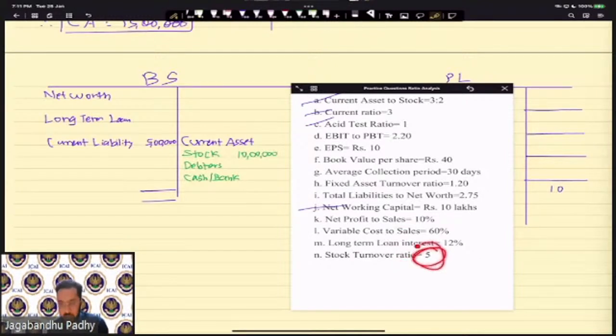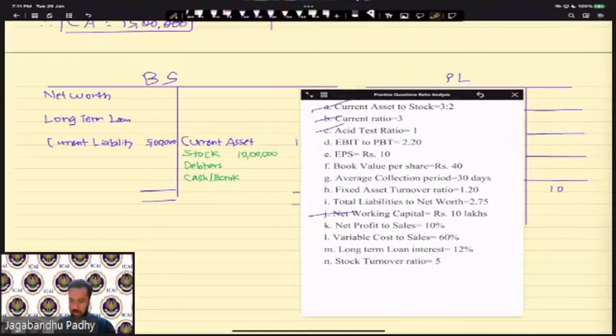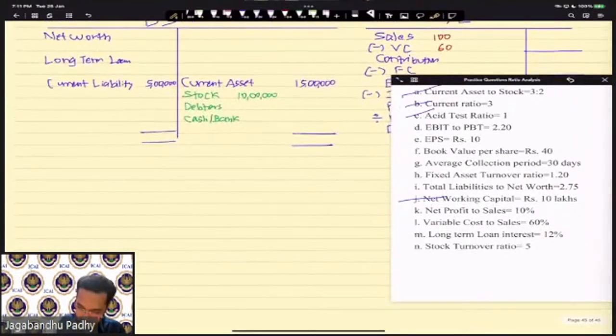Is this of any use? Yes, sir, it seems to be, because for stock turnover we will take the COGS, since stock turnover is given to be 5.